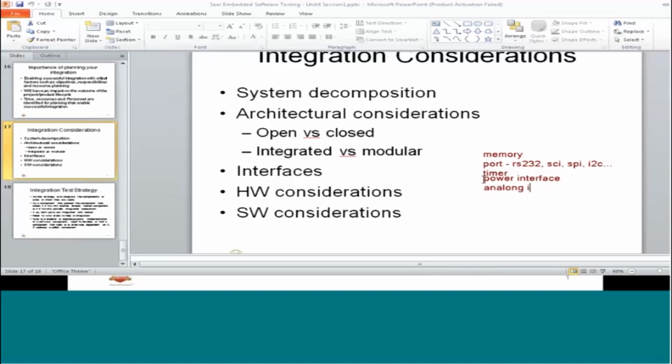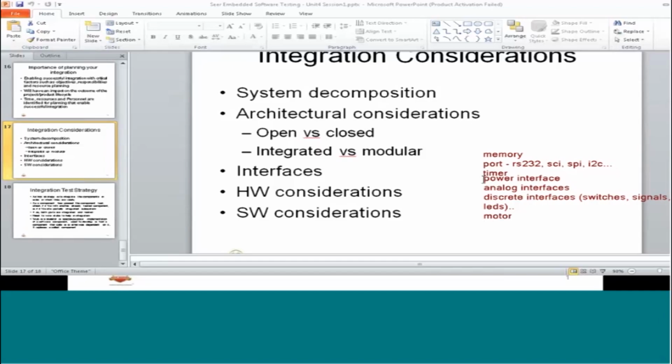Of course, we have analog interfaces, and discrete interfaces. Discrete could be any switches, signals, LEDs. All these will be discrete interfaces.